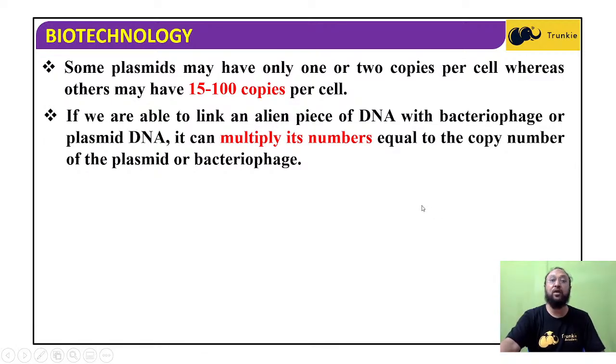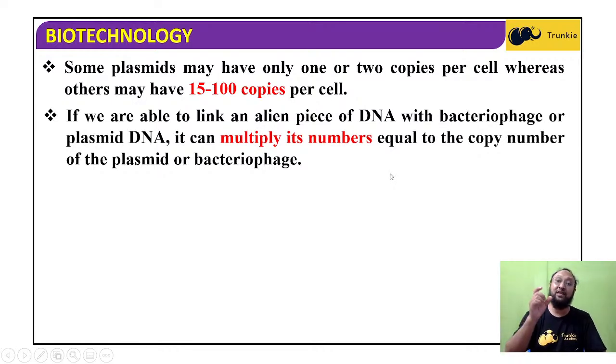So if we insert the alien DNA of our interest, and one plasmid is replicating into 50 copies, we will get the alien DNA in 50 copies also.